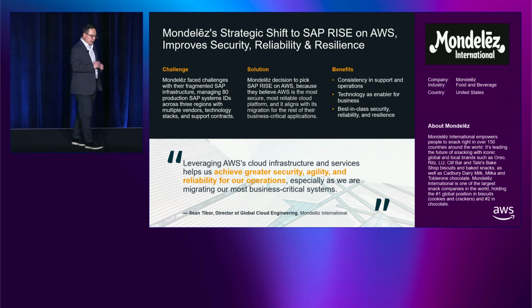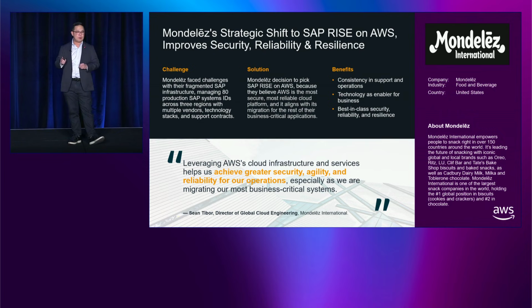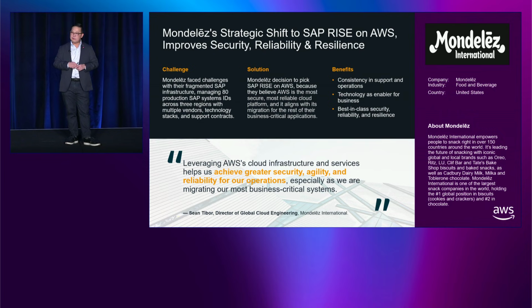And what Mondelez did was they chose to go RISE with SAP on AWS because they believe AWS provides the most secure and reliable cloud platform for their mission-critical SAP workload. And this is also in alignment with their migration strategy of their non-SAP mission-critical workload onto AWS as well.